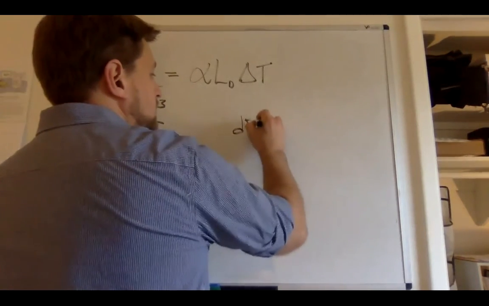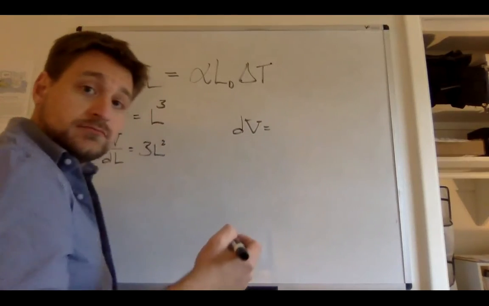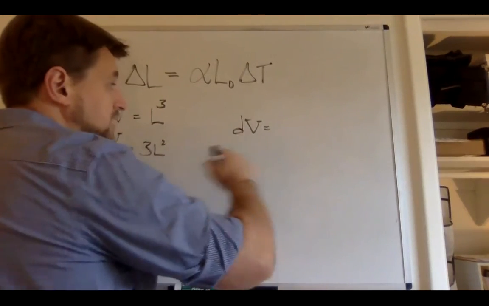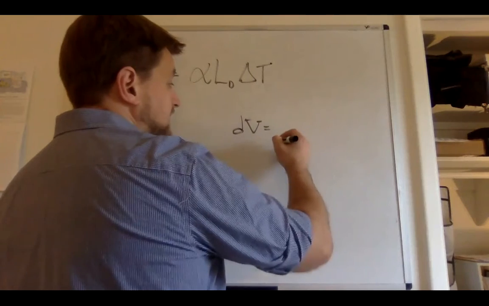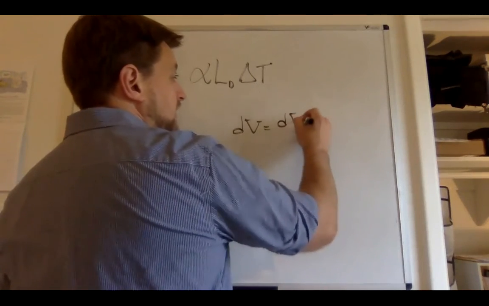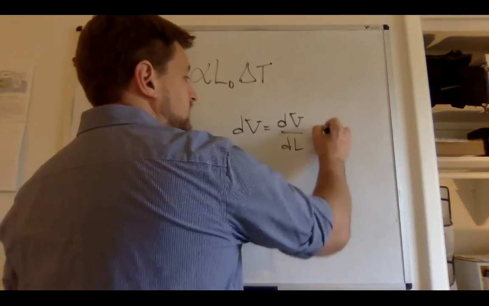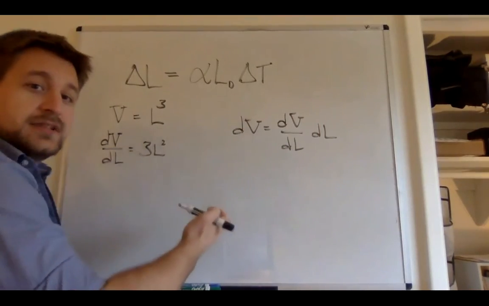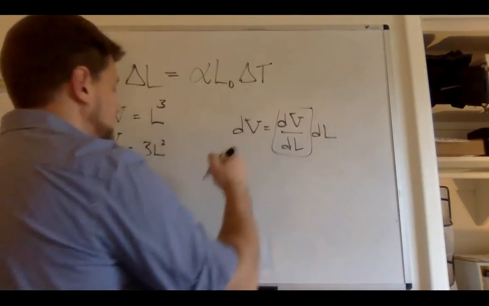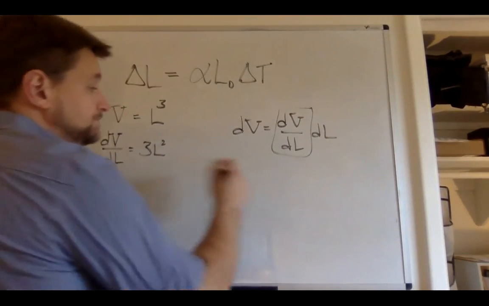So a small differential change dV, I could write with a little bit of chain rule this way. The dL's cancel and we've got dV left over, but dV/dL is a thing we just said we know.